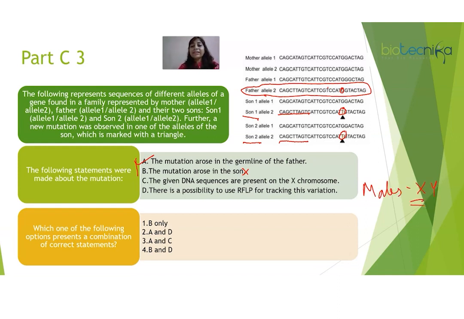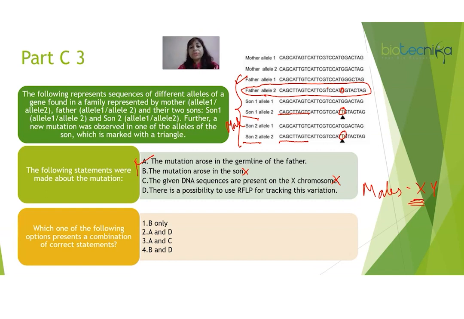But since here the father is a male, son 1 is a male, son 2 is a male, and all of them have 2 copies of the gene, that means it is not present on an X chromosome, it has to be present on an autosome. Right? So that's why statement C is wrong.